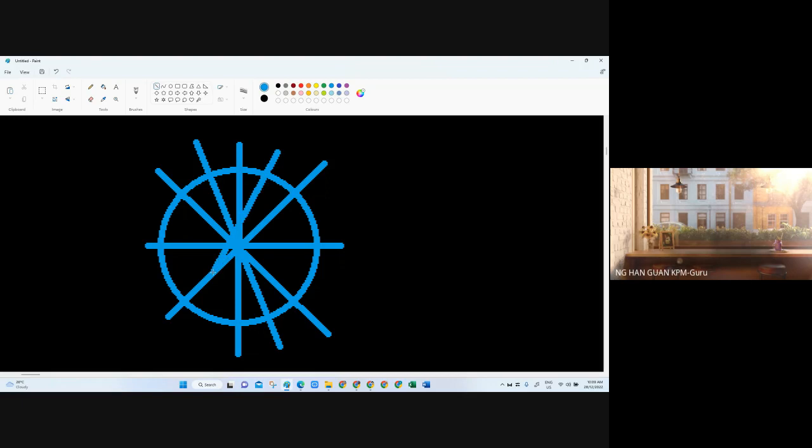No matter where you are from, as long as it passes through the center, it will always be perpendicular to the surface here. Perpendicular, 90 degrees.